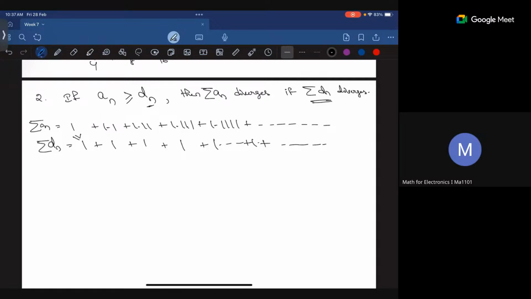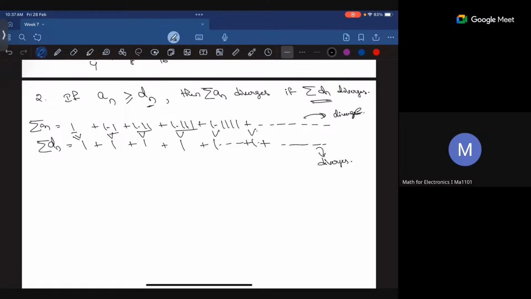The first term is actually equal, but the next terms are always greater than the dn series. And we know that dn diverges, hence an will also diverge. This is how we do the comparison and say that by comparison test, this series 1, 1.1, 1.11, 1.111 will diverge. Okay.